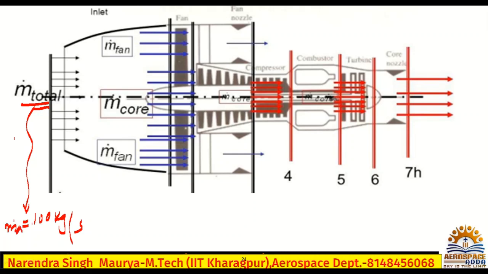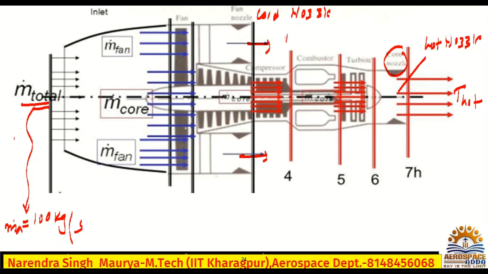All right, obviously this is the fan, and through this fan is the fan nozzle, or you can say the cold nozzle. This is called the cold nozzle, and this is called the core nozzle or hot nozzle. Whatever thrust you get here is due to the hot nozzle, and whatever thrust you get on both sides here is due to the cold nozzle.